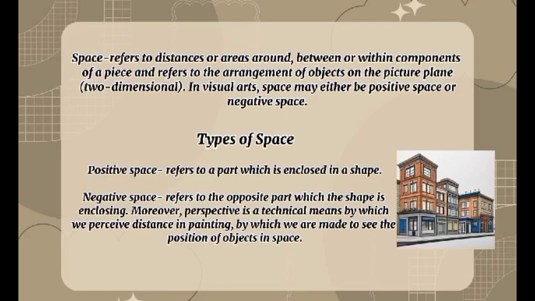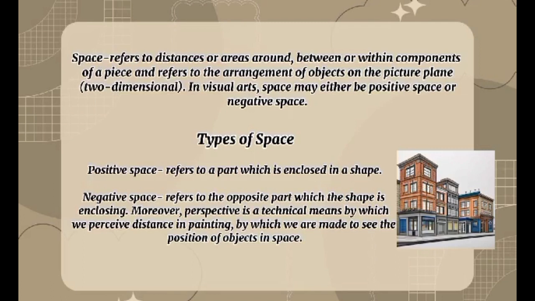Now, let us define what is a negative space. Negative space refers to the opposite part which the shape is enclosing. Negative space refers to the empty or unoccupied area surrounding the positive space. It is the space between and around the object or subjects.